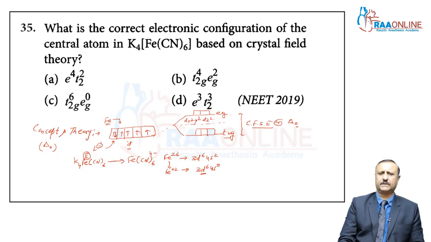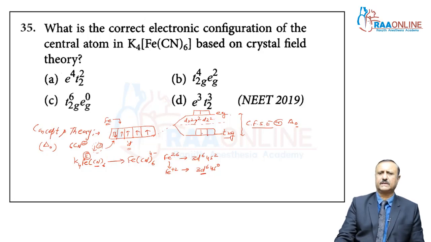But my dear students, when the ligand comes close to the iron metal and its d orbitals, this ligand is called the cyanide ligand, because here you can see 6 cyanide ligands attached to the iron metal. When these cyanide ions come close to the iron metal, repulsion occurs between the electrons of iron and the negative charge, because both are negatively charged.